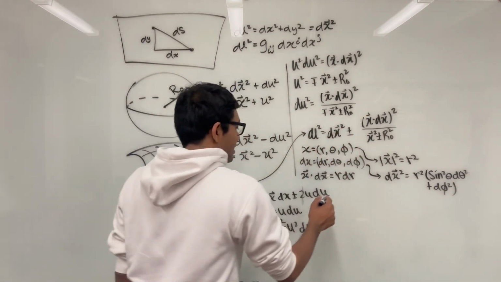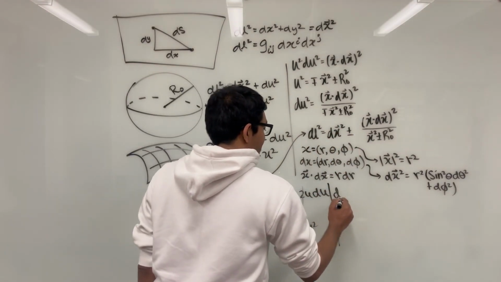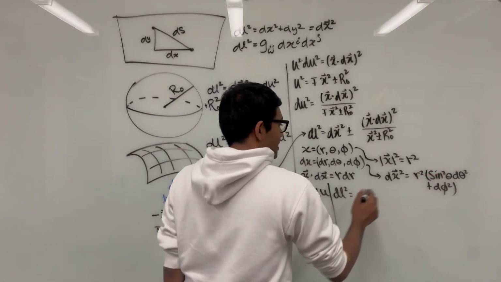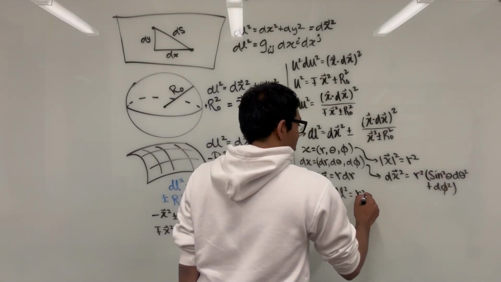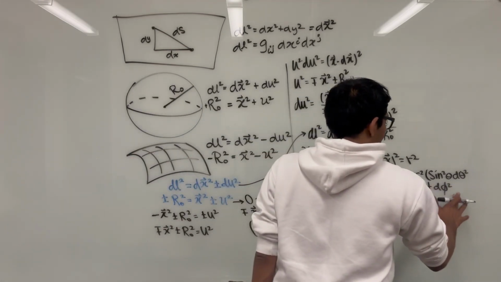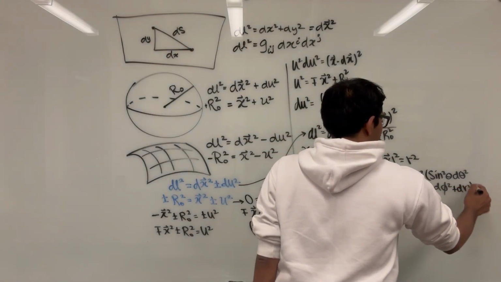So now we can come over here and replace everything as follows. So dl squared is equal to dx squared, which is simply this. And actually, I should also have a plus dr squared here.